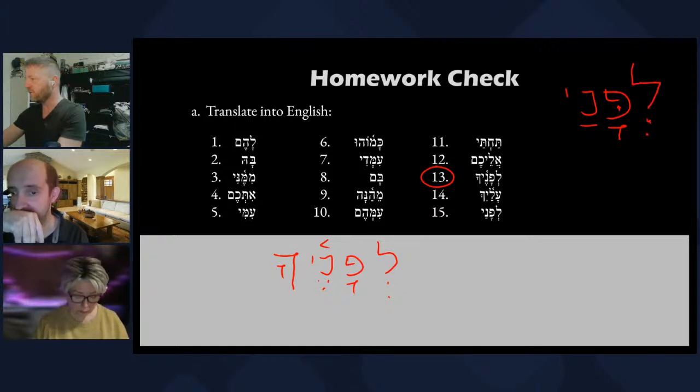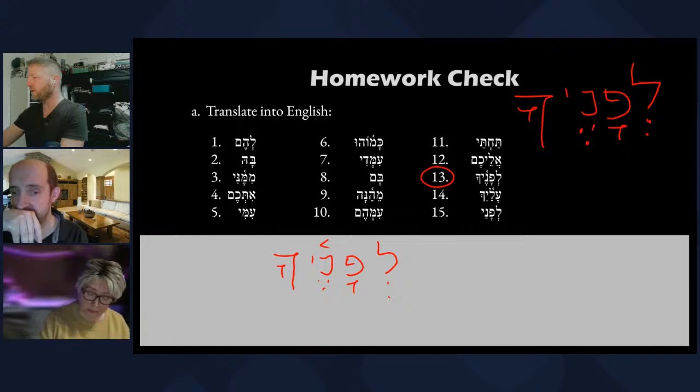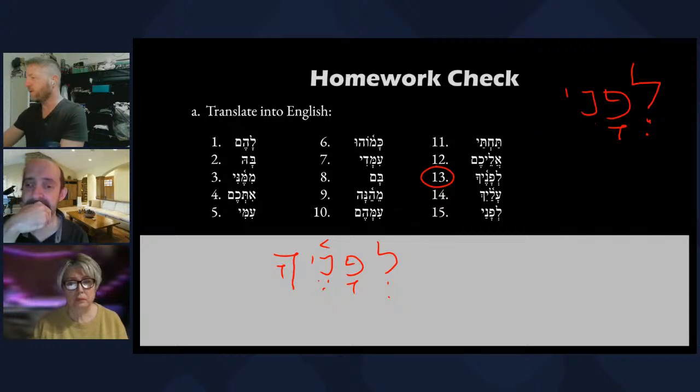Lefanecha is the form we have here, like panecha. Feminine, lefanaich. Before you, lefanaich. Before him, lefanav. And before her, lefaneha.